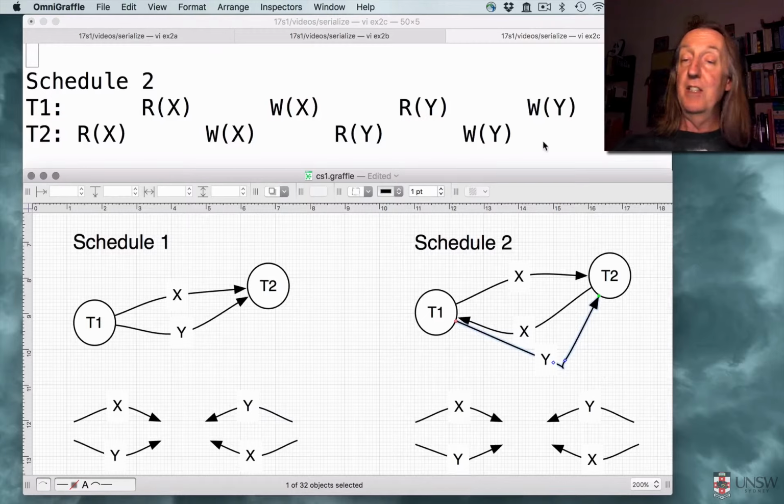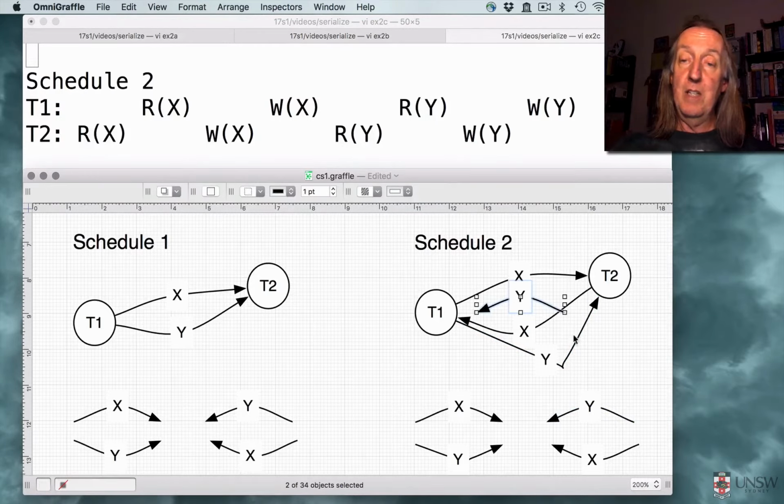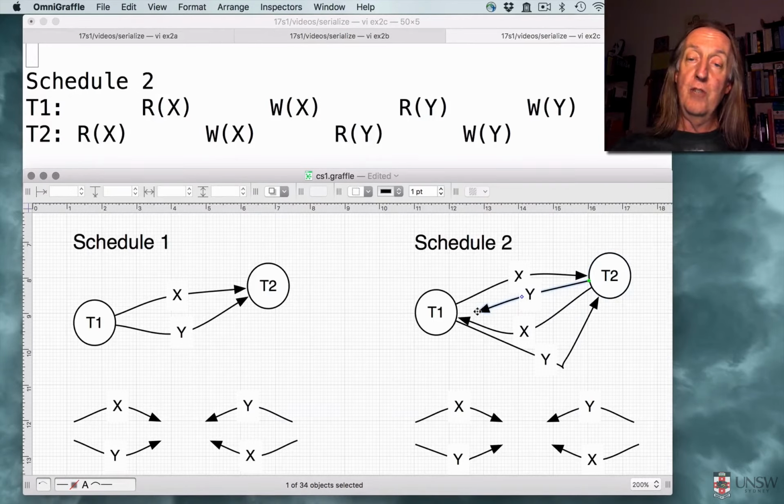And there's precedence from T2 to T1, so I could put this arc up here and connect it. T2 manipulates Y before T1, so there are in fact two cycles in the graph. There's a cycle based on X and a cycle based on Y. So Schedule 2 cannot possibly be equivalent to any serial schedule of those two transactions.